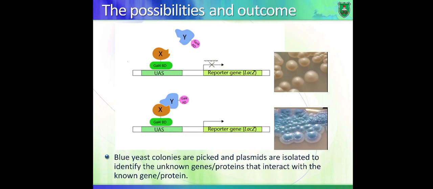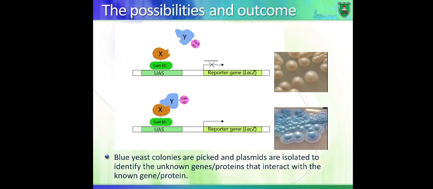Okay, so we call it a reporter gene because if we add X-gal, the yeast colony becomes blue. So what this gene is doing is that it's reporting to us something. It's telling us that there is interaction between X and Y.